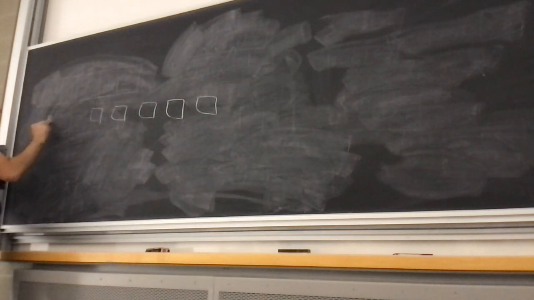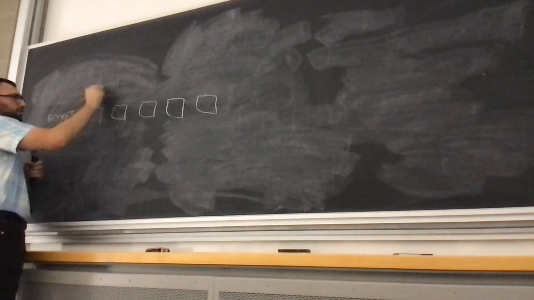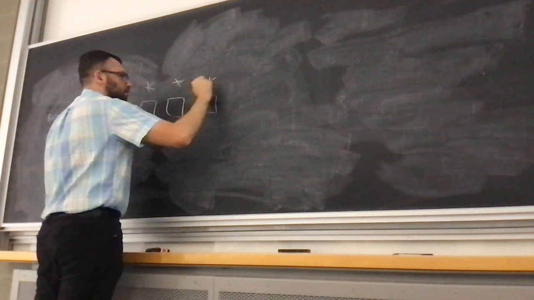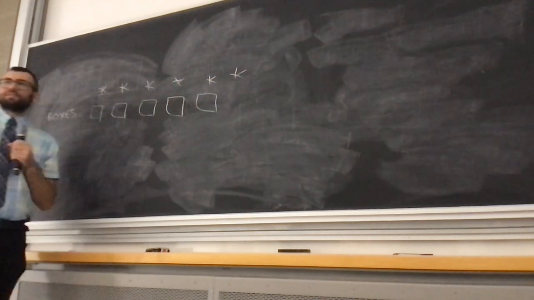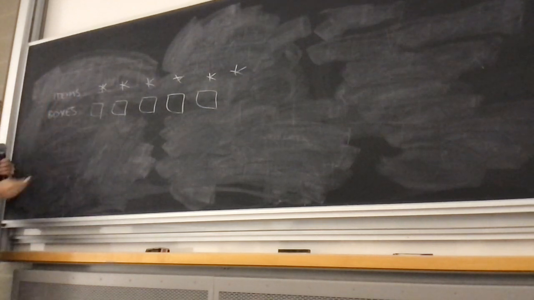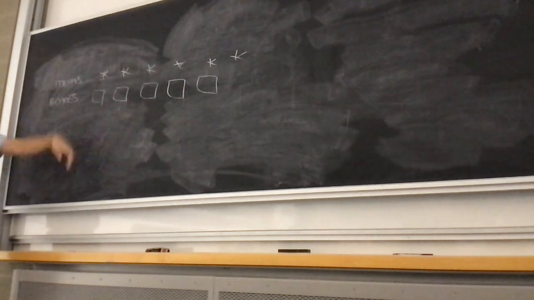Let's say you have 5 boxes, and you have six items, right? And let's say that you were tasked with the job of putting each of those items into a box.